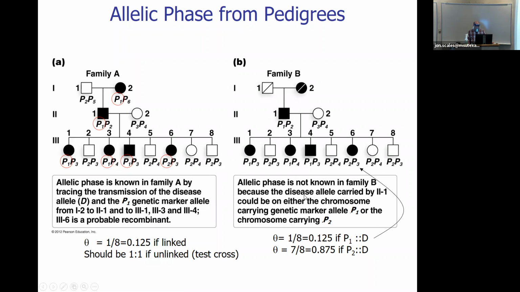If it is this, then it's got 2 different possible linkages. And so in one case, it's got a map distance of 1/8 or 12.5 units. In the other case, it's got map distance of 87.